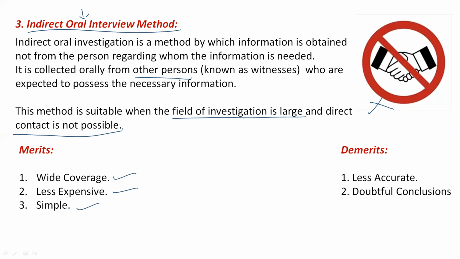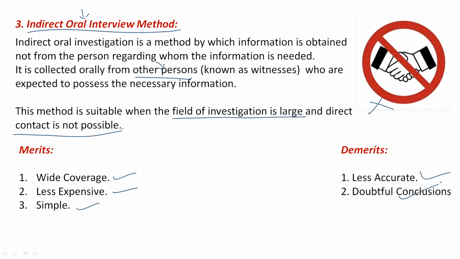The demerits here are that it is less accurate. Correct. Because there is no direct personal contact between the investigator and the informant, it is possible that the other person or the third party may sometimes provide wrong information. So it could be less accurate. Yes, doubtful conclusions, again for the same reason.